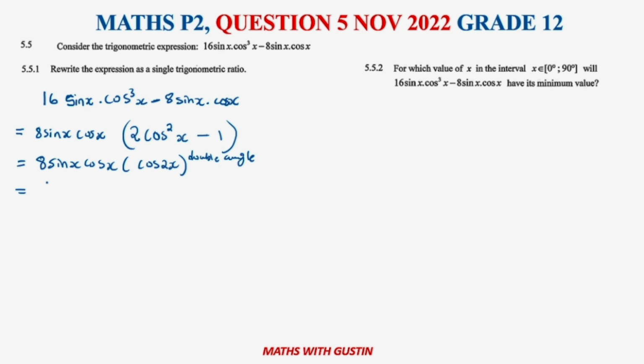Right, so with that, how do we simplify this now? We can simply say 4, then 4 times 2 sine x cos x, times our double angle there, cos 2x. This one here is also a double angle, so we can also simplify this one as well.